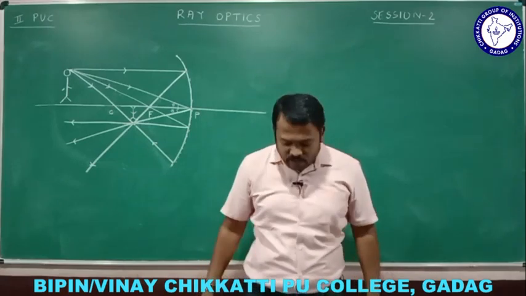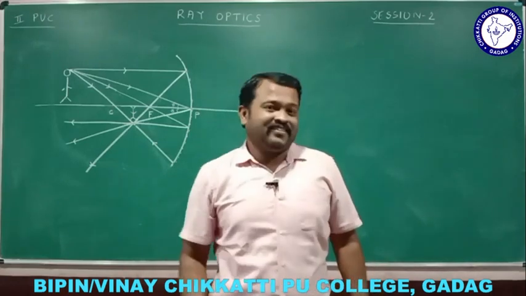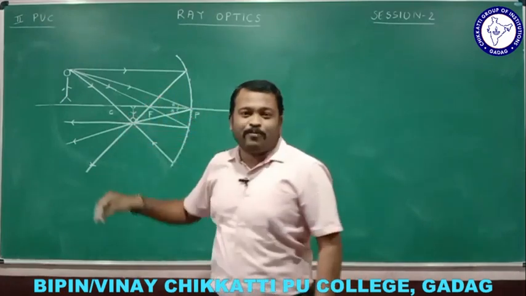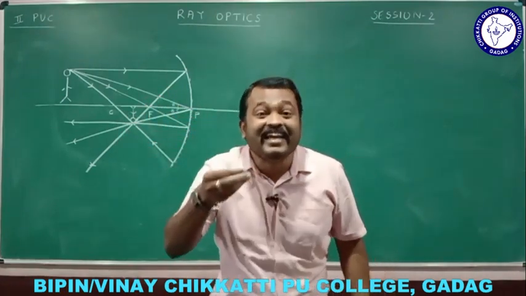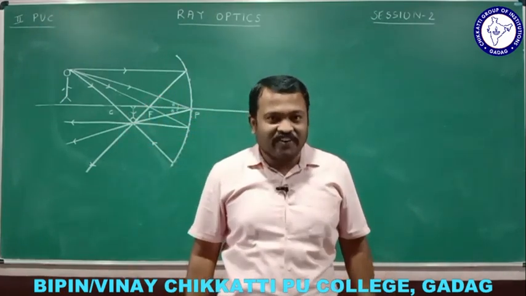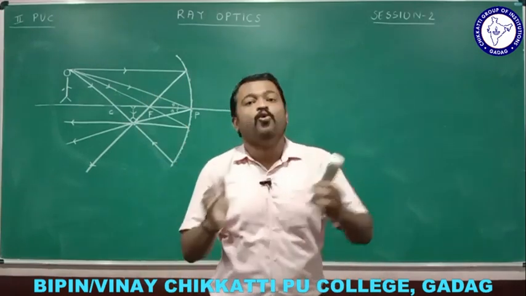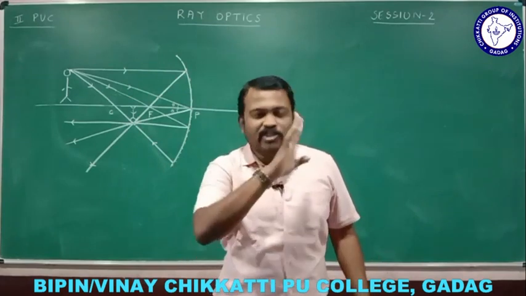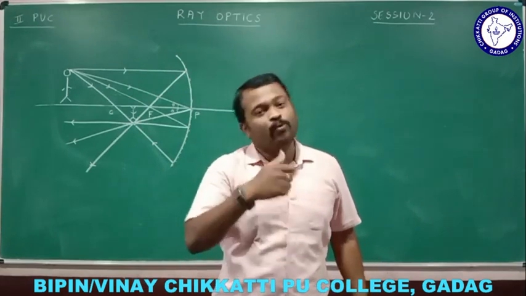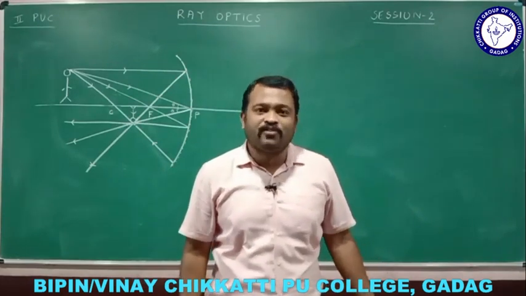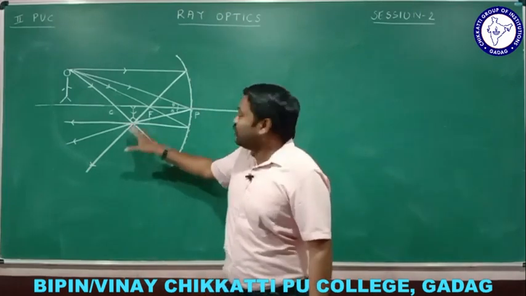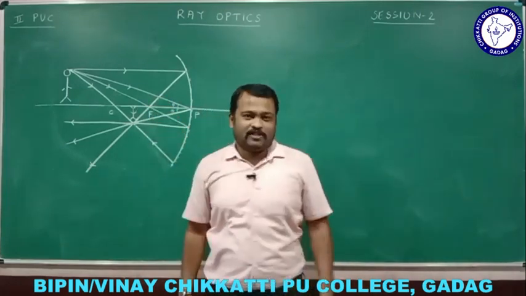Another thing we need to understand here is that if the reflected rays meet at a point, then the image is a real image. If the reflected rays appear to meet at a point, then the image is a virtual image. Images are of two types, real image and virtual image. A real image is formed when the reflected rays meet at a point.